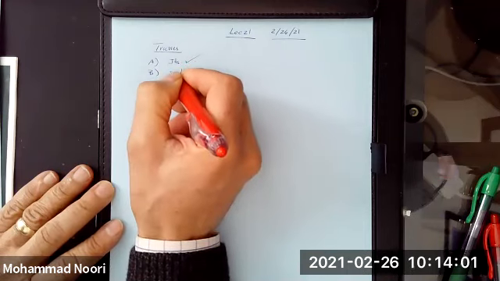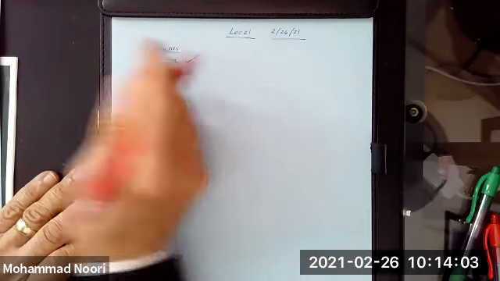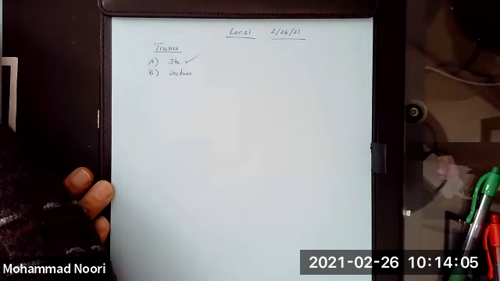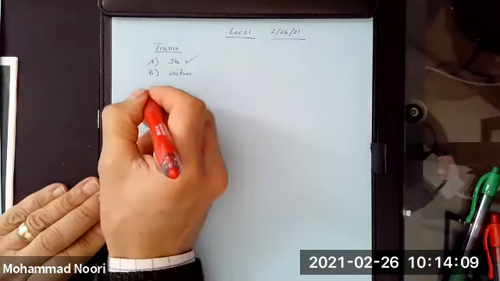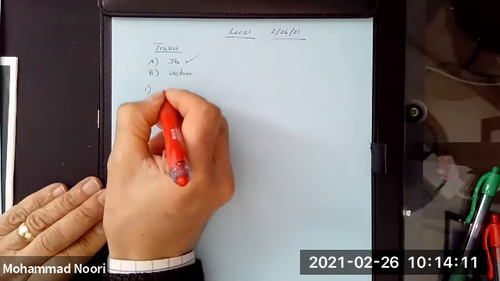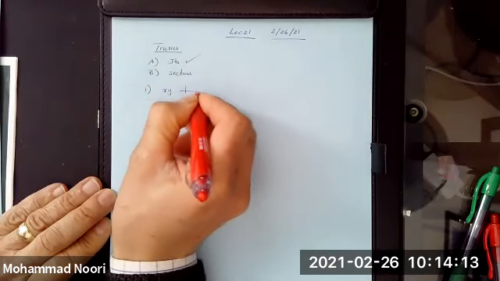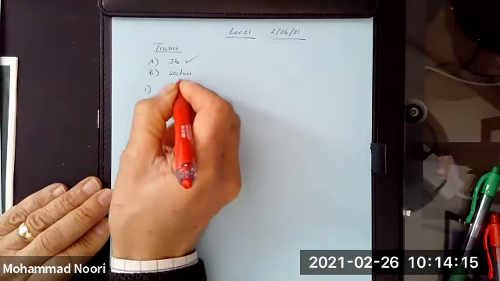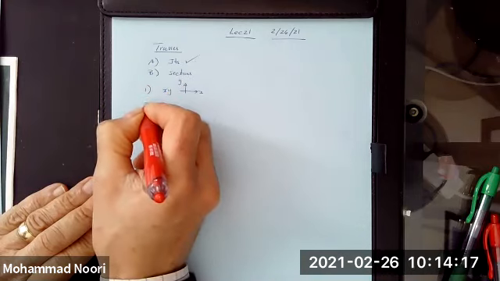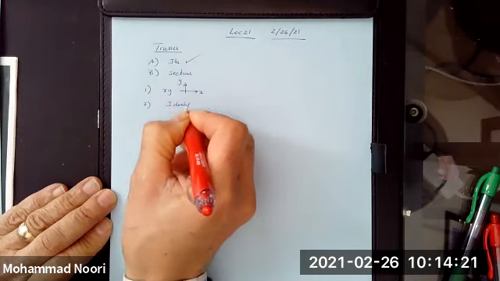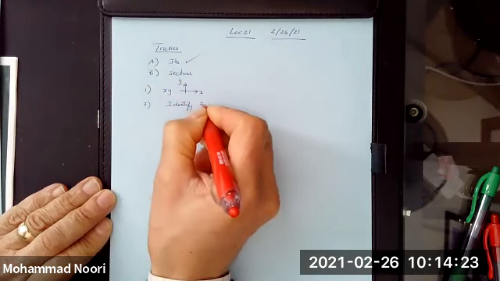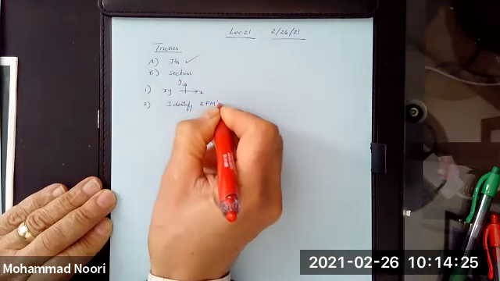The procedure that I introduced was very simple. You start by setting up XY coordinate system. And two, identify zero force members.